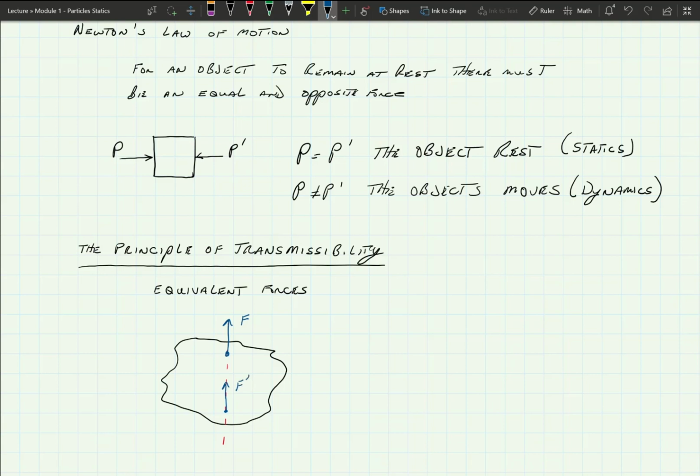So we could call that F prime. So I am transmitting F to F prime. And it's equivalent.